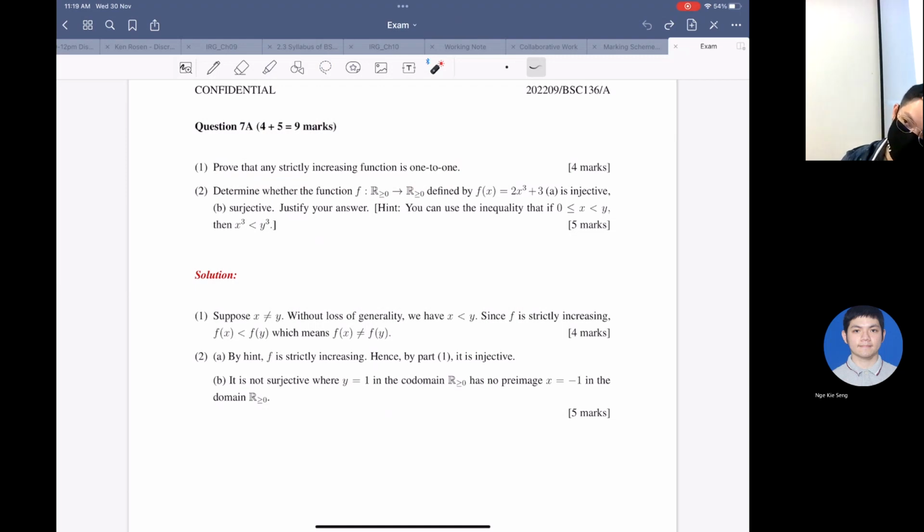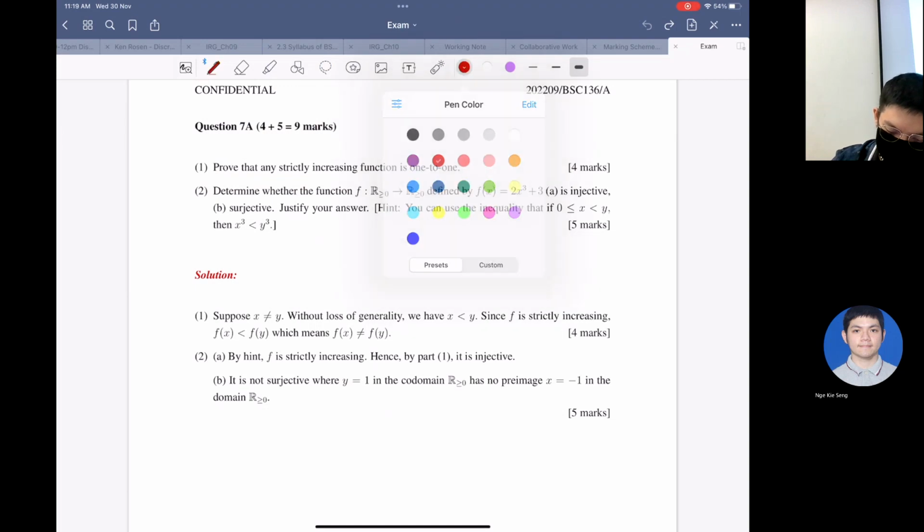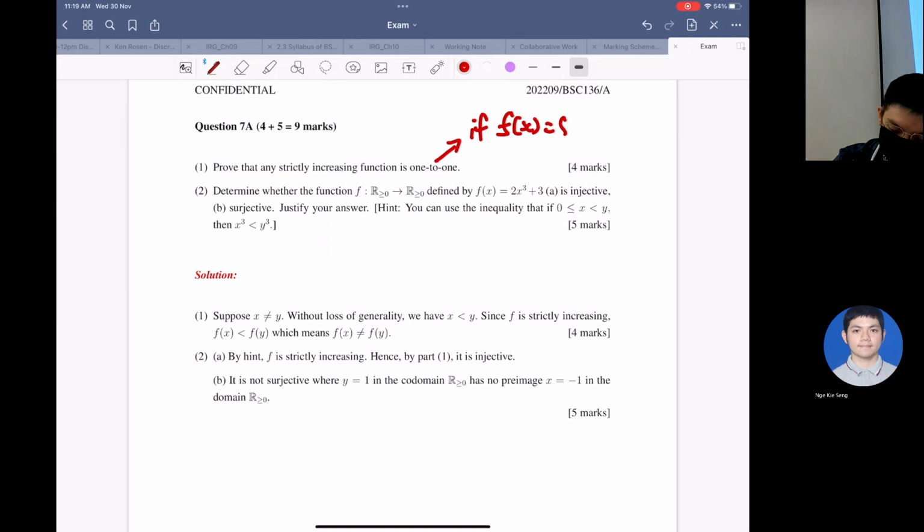You can try to prove the contrapositive: if x is not equal to y, then f(x) is not equal to f(y). Okay, let me write it down. So one-to-one is if f(x) equals f(y), then x equals y. Contrapositive, you can equivalently show if x not equal to y, then f(x) not equal to f(y).